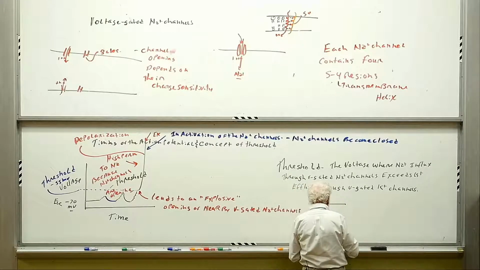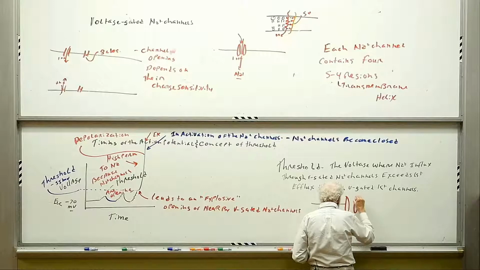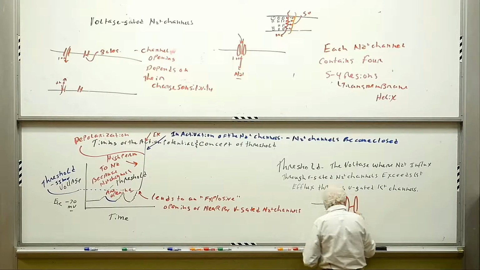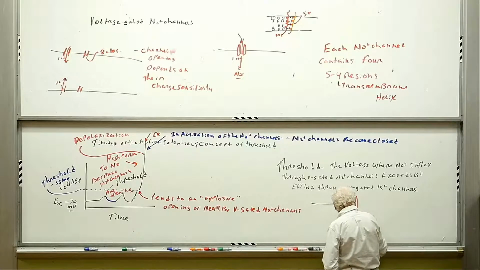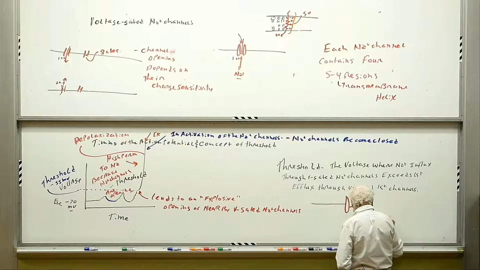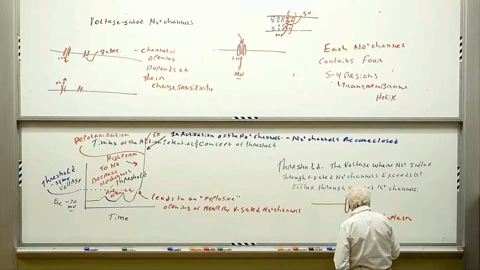We'll make this a sodium channel. It has a gate on it, but the way it's commonly depicted, down here, it has an extension into the cytoplasm. So down here we're in the cytoplasm. And there's an extension called a ball and chain.